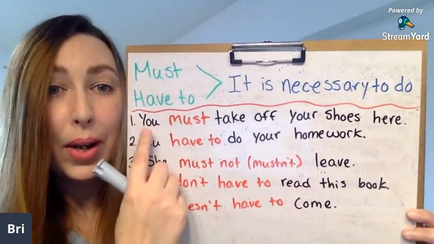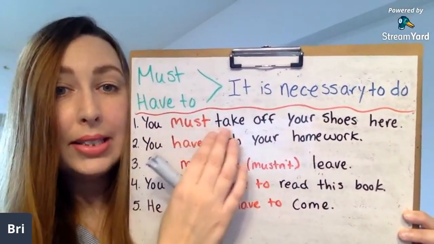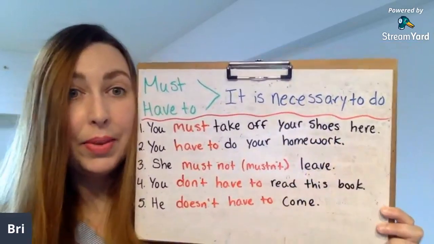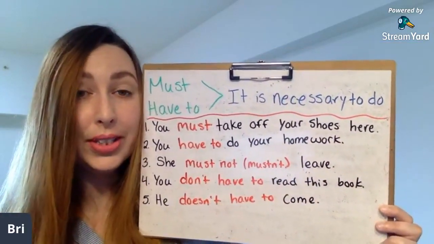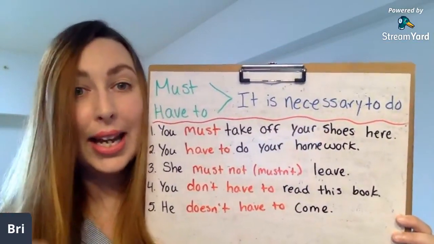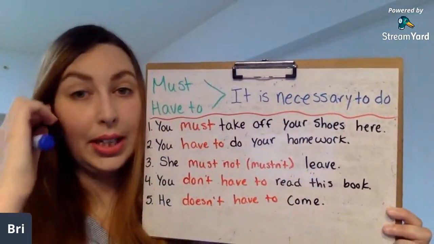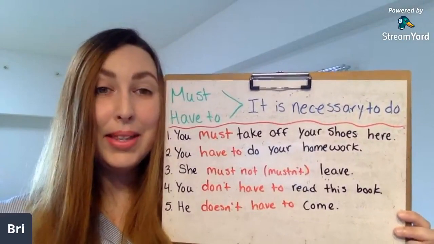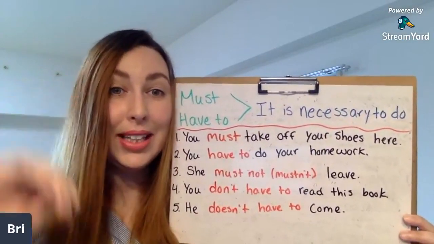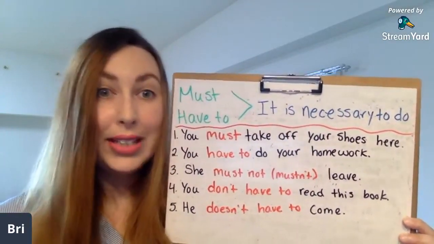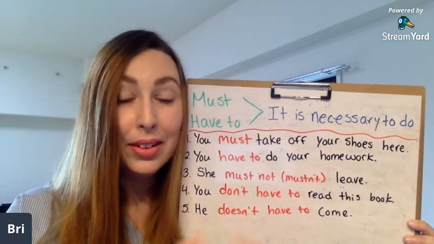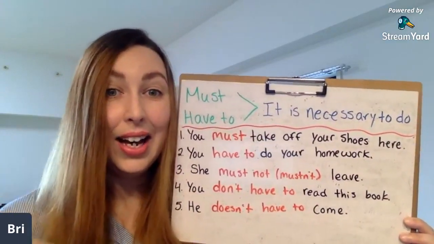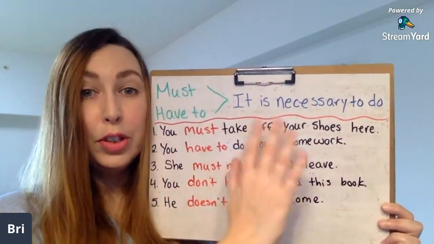Okay, so number 1, you must take off your shoes here. We could also say, you have to take off your shoes here. But remember, if it is a sign, maybe there is a sign on the building, or for example, if you go to a temple, there might be a sign, must remove shoes.